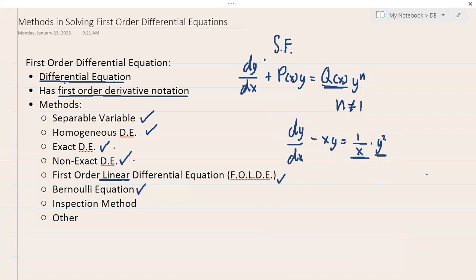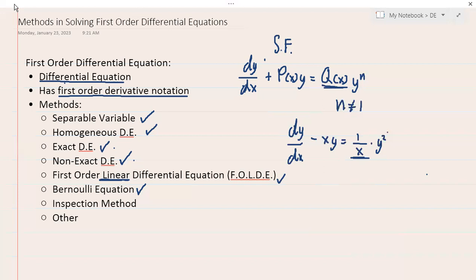Then sa gilid, meron tayong y squared, which is a y na merong exponent na 2, which is not equal to 1. So pwede siya negative, pwede siya positive, okay? Basta hindi siya equal to 1. So yun, gagamit ka ng Bernoulli equation. Okay? So that's all for Bernoulli's equation. And don't worry, there will be more formula, the same thing kay first order linear differential equation. There will be specific formulas for these two.